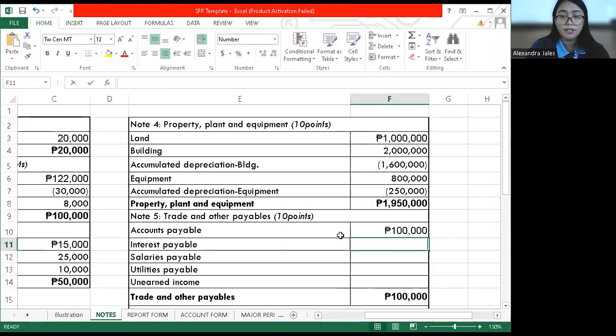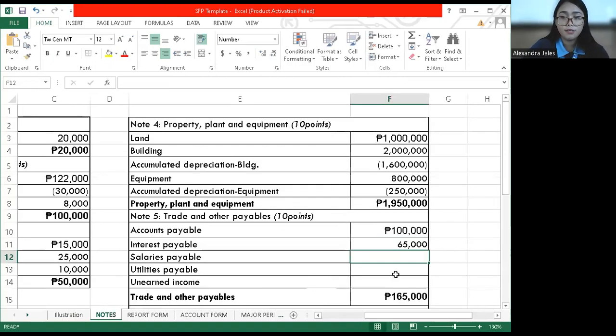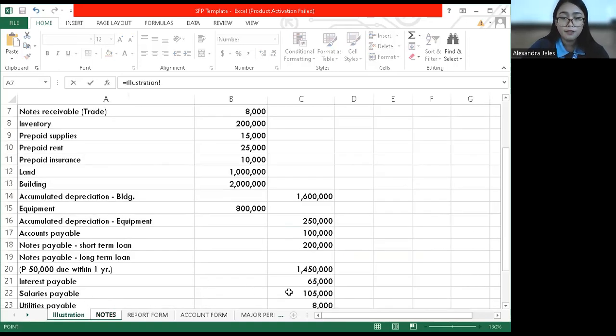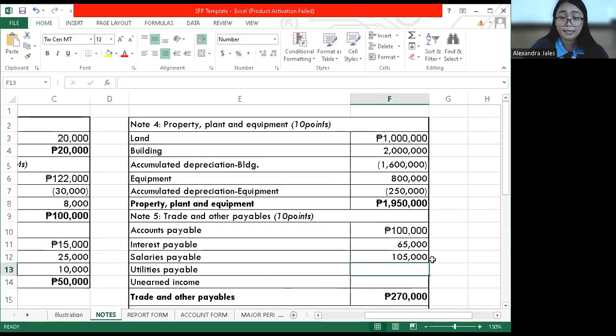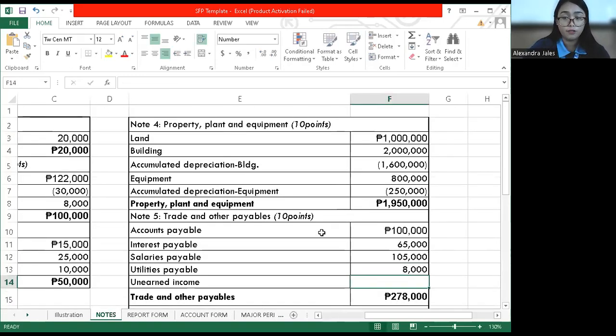Okay, so we have now interest payable. We have here interest payable, 65,000 pesos. And we have here salaries payable. We had already discussed these terms last meeting. If you have questions, just open your module once again and check it for the definition of the terms.